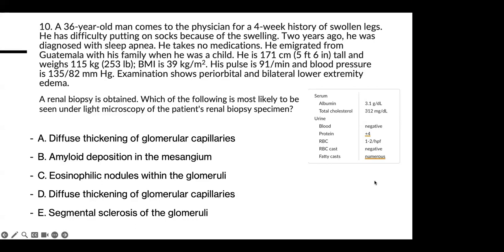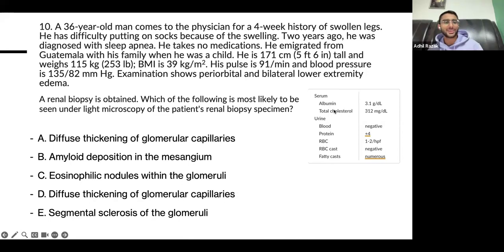His BMI is in the obese range. His pulse is 91, and blood pressure is 135/82. He has periorbital and bilateral lower extremity edema, and they show the renal biopsy and the urinalysis. You're asked what specimen would we find?